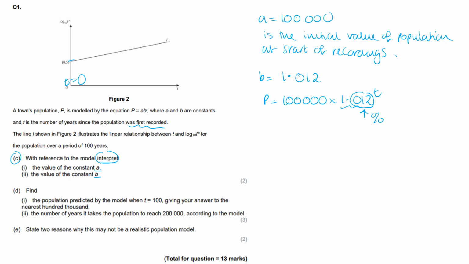So we can see that this population is growing at a rate of 1.2%. So the B, because we've got this 1 as well, B is proportional to the rate of increase in the population.